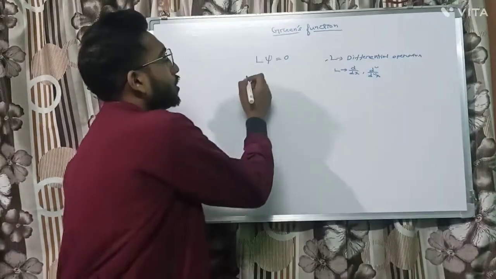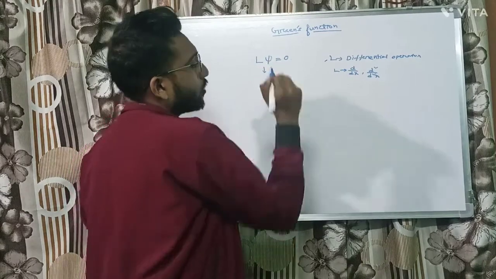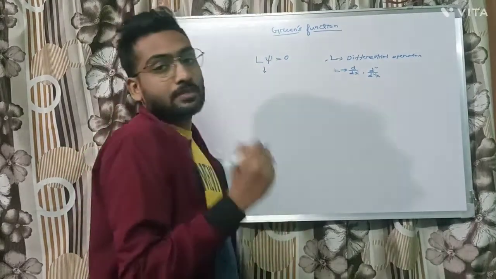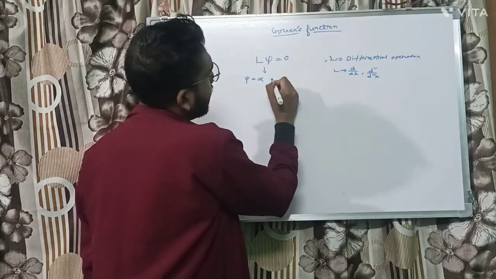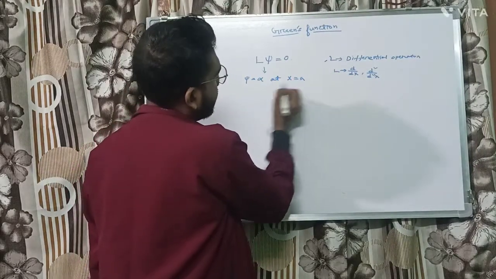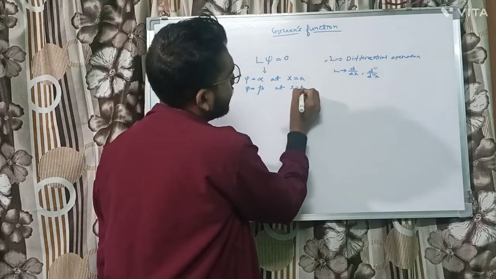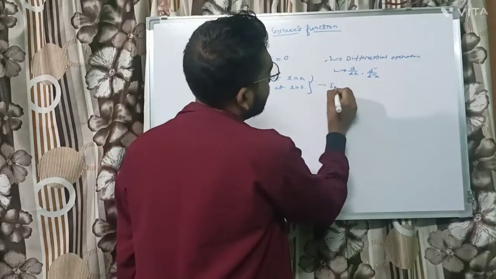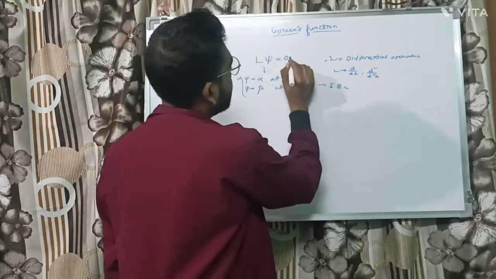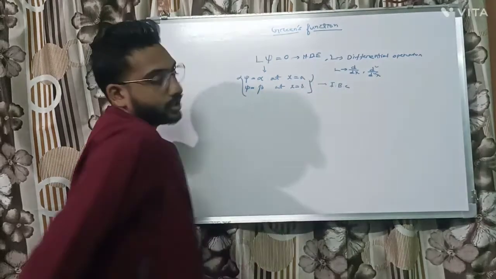If I impose this homogeneous equation with some inhomogeneous boundary conditions, like psi equal alpha at a point x equal a and psi equal beta at some point x equal b, this is the inhomogeneous boundary condition, and this is the homogeneous differential equation.